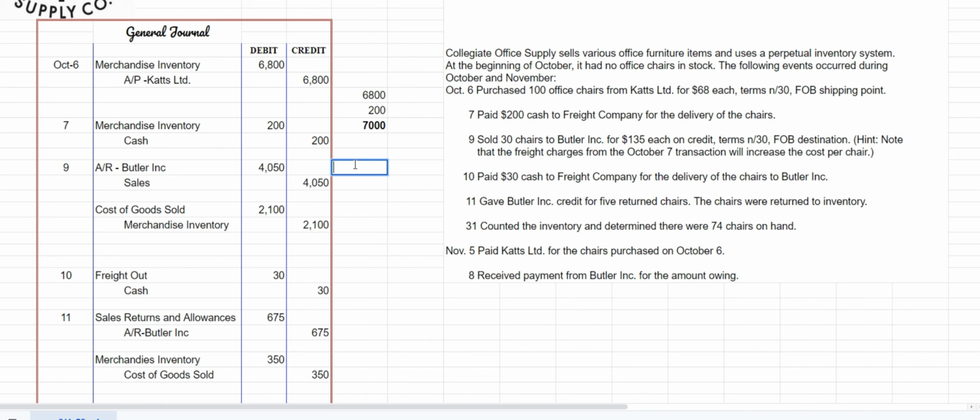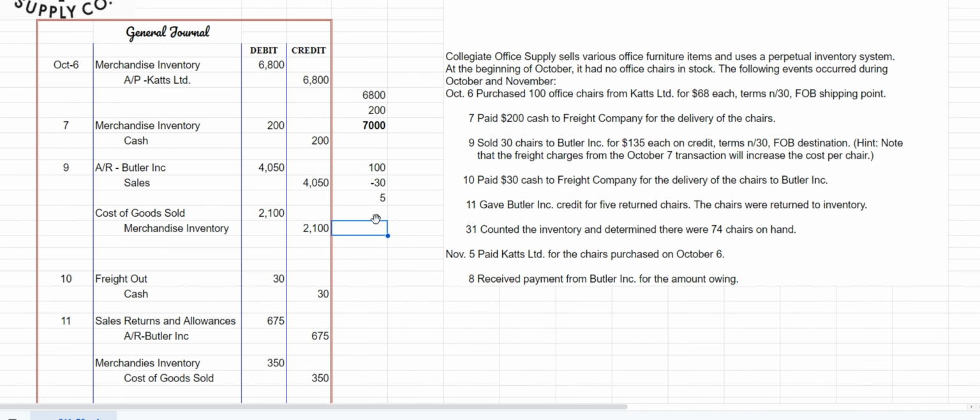On October 6th, you purchased 100 office chairs. Then you sold 30 chairs. Then on October 11th, you gained 5 chairs. So 100 minus 30 plus 5 should be 75.